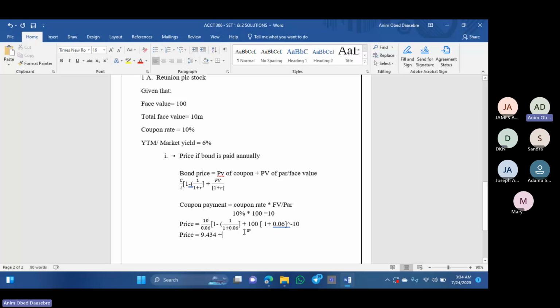Then the single amount. The single amount is 55.84.